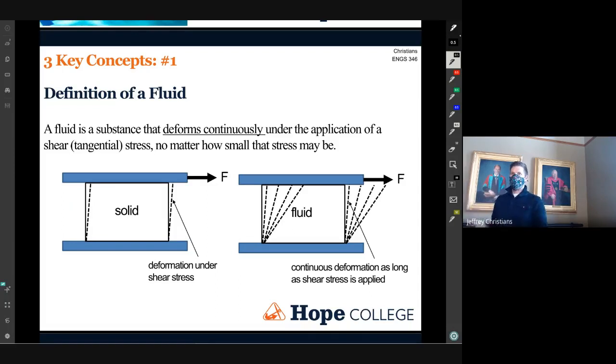Welcome to the world. What do you do with something like whipped cream? Right? Is it a solid? Maybe, sort of. But if you squish it, it's not really elastic. If you push on it, it starts to flow and move like a liquid. So what do you do with things like that?